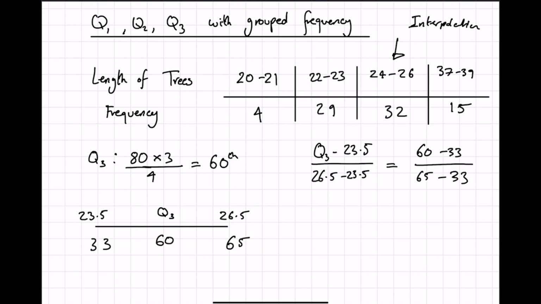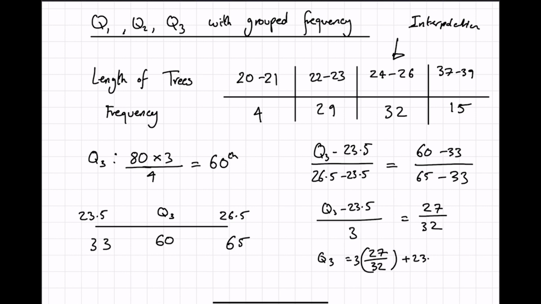And that's how you get the ratio of how far along your value should be. You can see there's only one unknown in this situation. So let's just solve it. Q3 minus 23.5 over 3 is equal to 27 over 32. That means Q3 is equal to 27 over 32 times 3 plus 23.5.